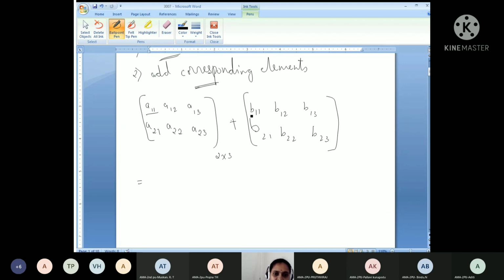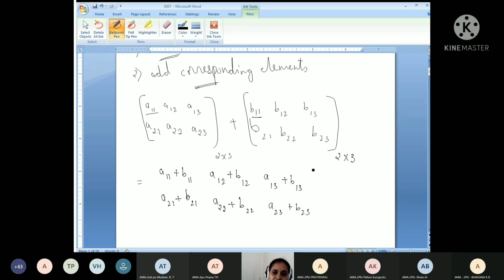This one and this one. See, this is also a 2 by 3 matrix. So corresponding elements you have to add: A11 plus B11, A12 plus B12, A13 plus B13, A21 plus B21, A22 plus B22, A23 plus B23.